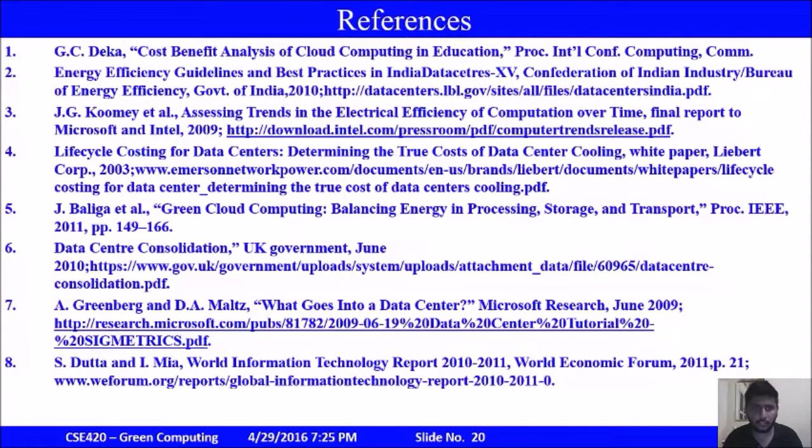It was titled What Goes into a Data Center. This was researched by Microsoft in June 2009. The eighth one was by Dsdata and IMEA. This was a World Information Technology report that was published in 2010 to 2011 by the World Economic Forum in 2011.